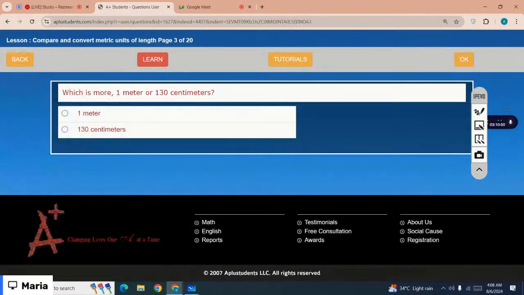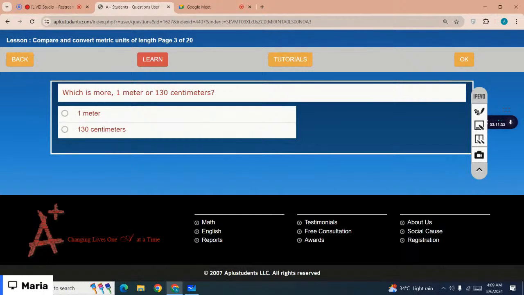Which is more, 1 meter or 130 centimeters? So which is the correct option? The correct option is 130 centimeters is more, right?